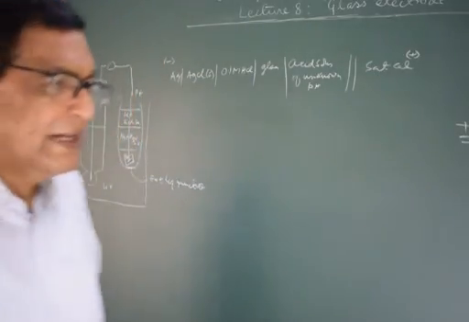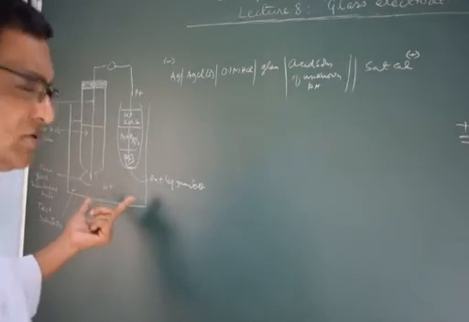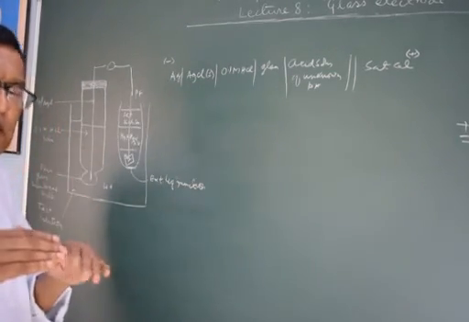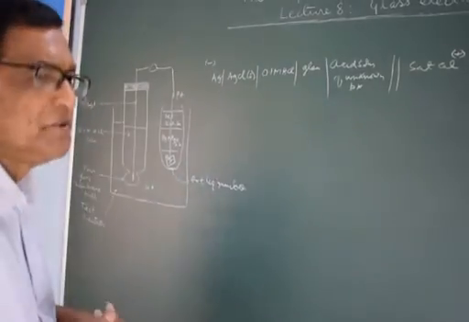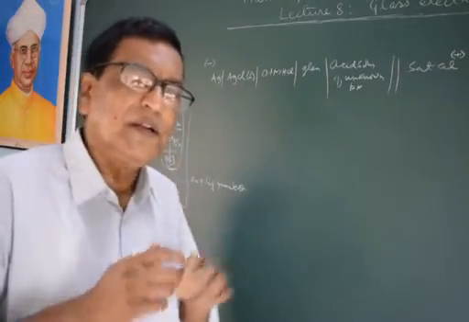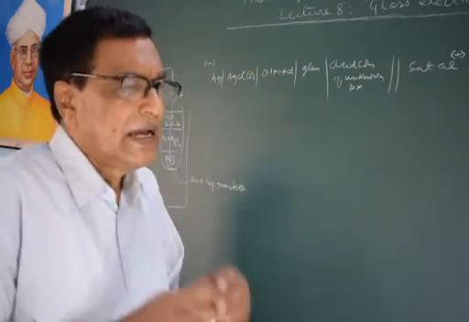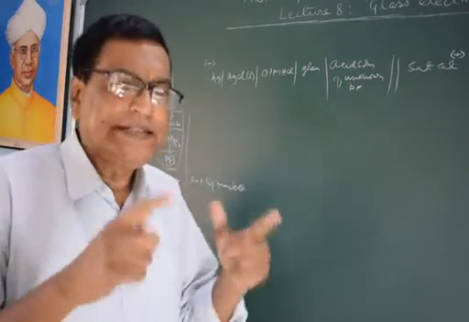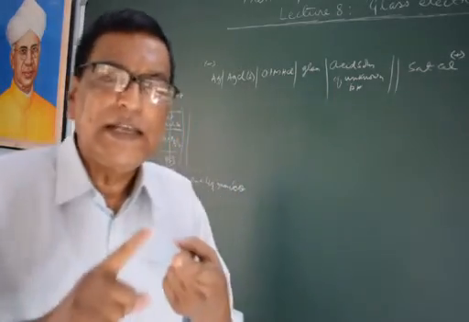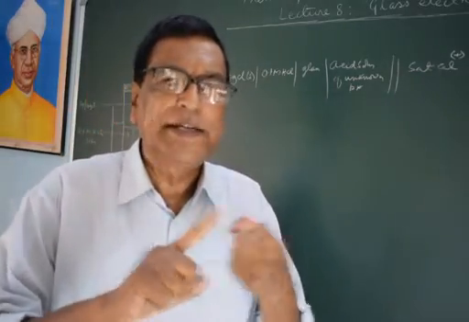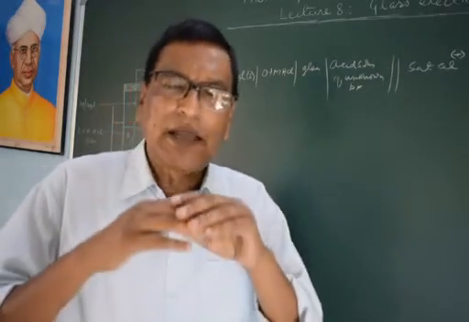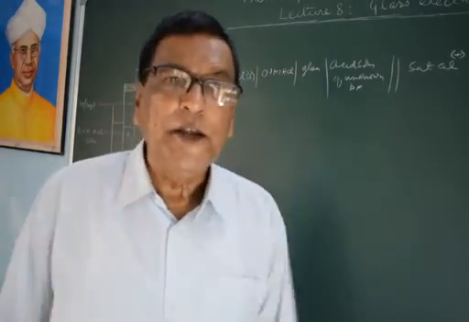This is also handy, and this set is used in a very compact form, which we call the pH meter. The disadvantage: the ordinary potentiometer could not be used. One problem. Second, it is highly sensitive, so the connecting electric wires should be properly insulated to avoid electrical interference.